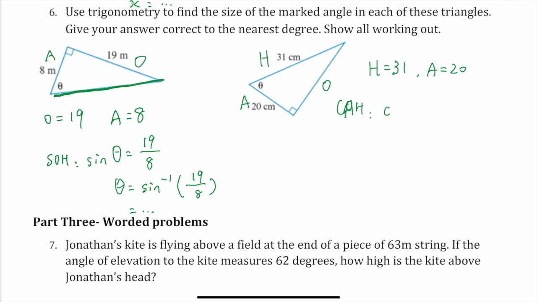So cosine theta equals 20 over 31. Theta equals cosine minus 1 of 20 over 31. So you are going to use a calculator by yourself to figure out the result.